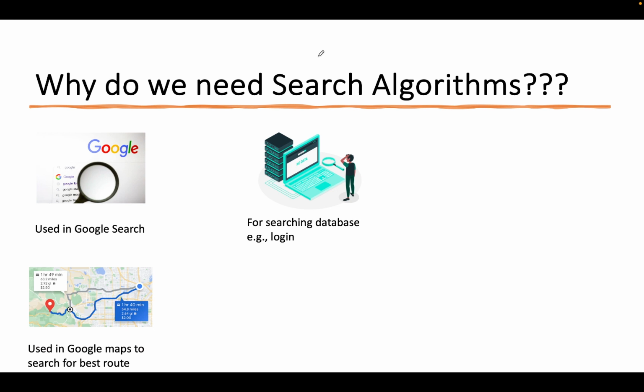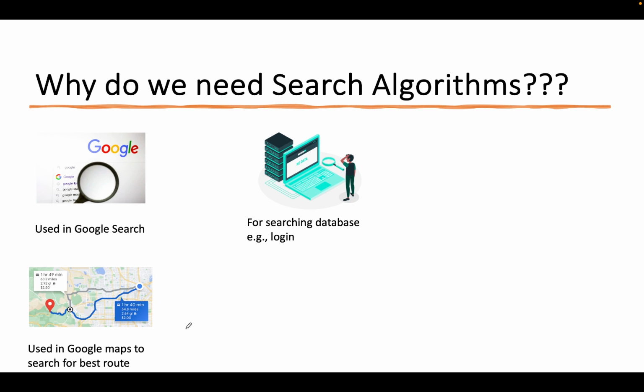Also, search algorithms are used in Google Maps to search for the best route. If you are going to a location, you have different possible routes to take, and Google will use search to know what the traffic situation is, whether there is any accident on the road, and all of that, to suggest the best route for you.